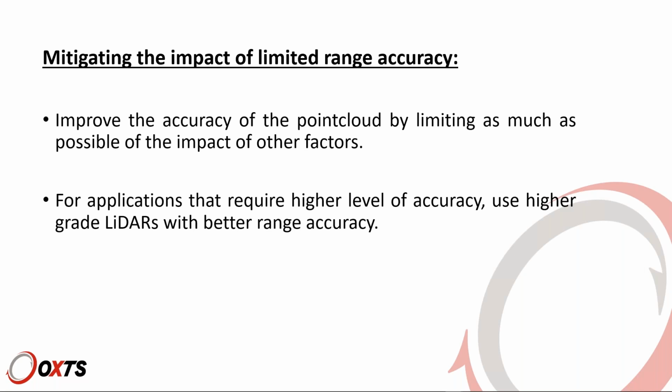What you can do is act indirectly on it by limiting the impact of all other factors that we've discussed, so that the limited range accuracy doesn't combine with other factors to make things even worse. You try to isolate it, say, and make sure it doesn't cause too much of an impact. If you really care about an absolutely high level of accuracy, then you probably need to consider having a higher grade LiDAR as well.